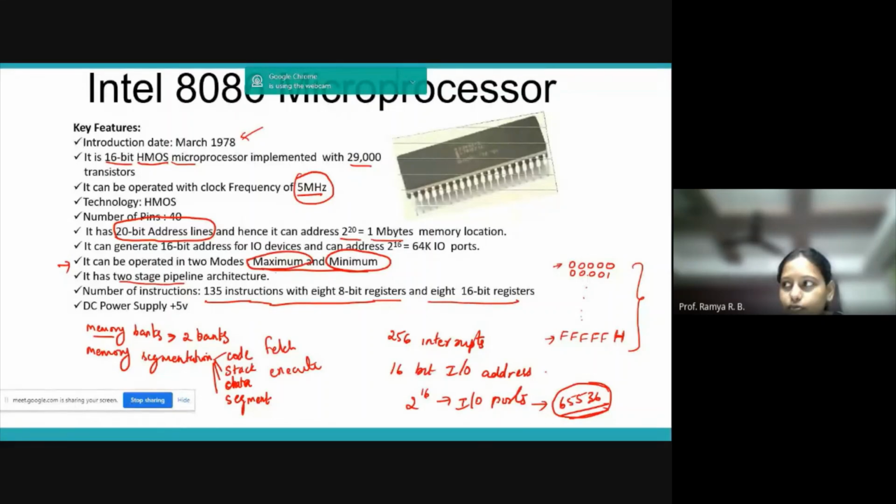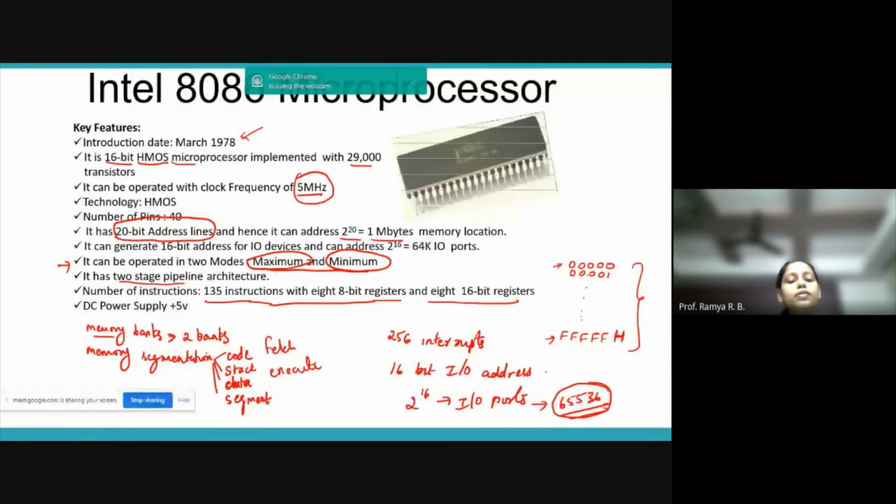This is normally asked for 5 or 8 marks. Explain the features of 8086. And these are the points that you're supposed to enlist. 40 pins hai, 16-bit data bus hai, 20-bit address bus hai, IO address का size 16-bit है, 2 मोड में ऑपरेट हो सकता है, मैक्सिमम मोड एंड मिनिमम मोड, 2-stage pipeline architecture hai. 8086 has the concept of memory banking.